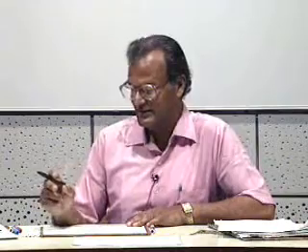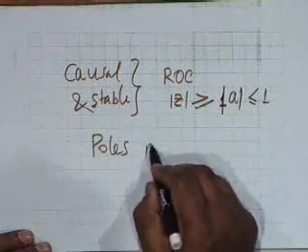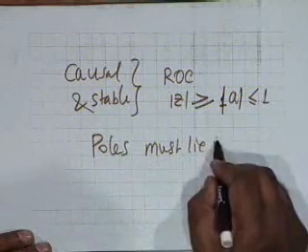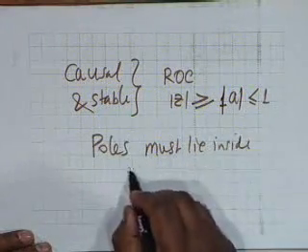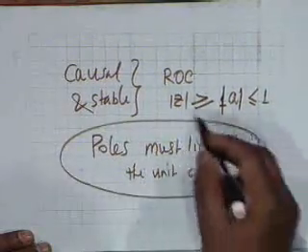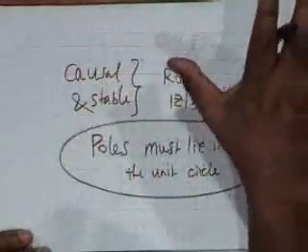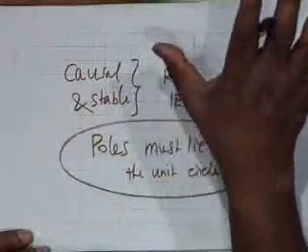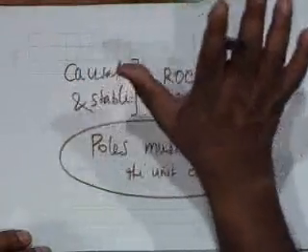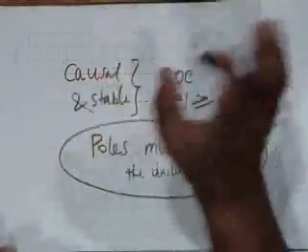What is the conclusion about the location of the poles? Poles must lie inside the unit circle. And this is the most important statement that comes out of the Z transform analysis: if you see, for a physically realizable system, a pole outside the unit circle, you can immediately conclude that it is unstable.